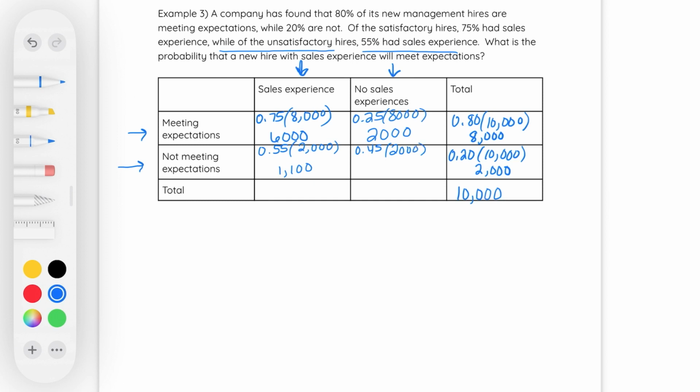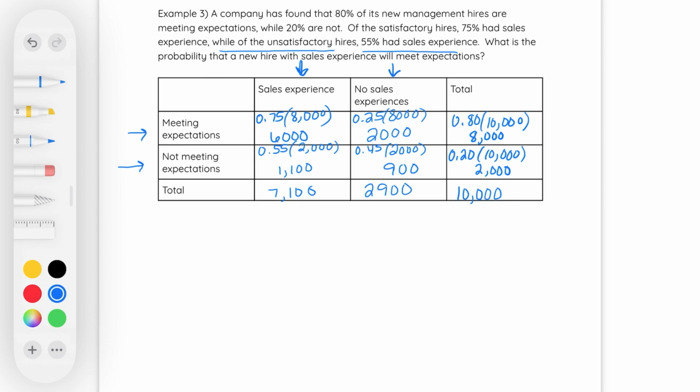So putting all those portions together, 2,000 minus 1,100 is 900. Now we can add the columns together. So 6,000 plus 1,100. So of the assumed 10,000 new hires, 7,100 had sales experience, while 2,900 of those did not have any sales experience.